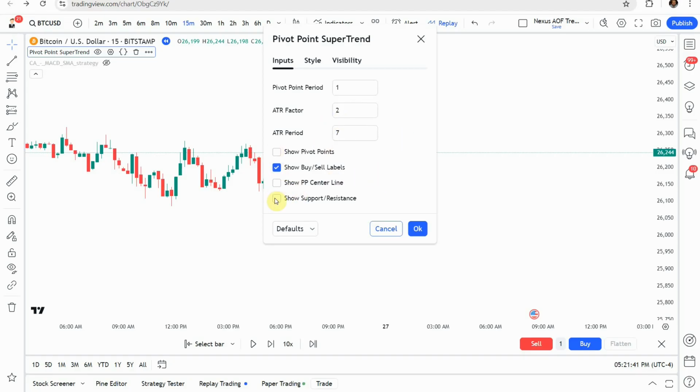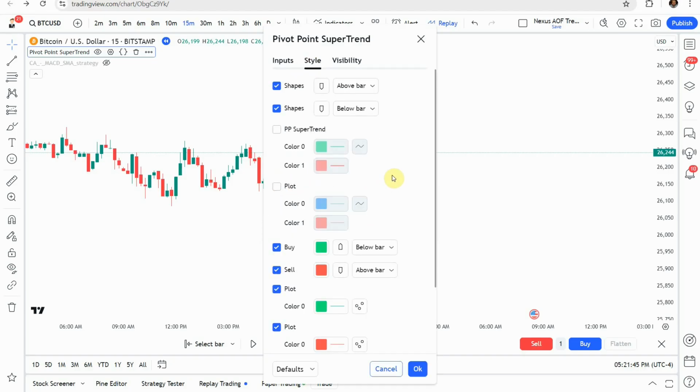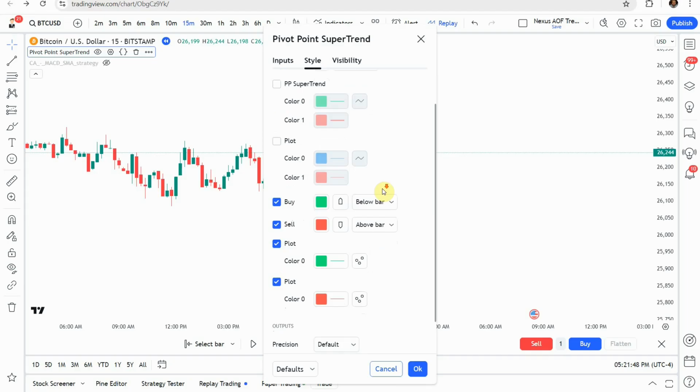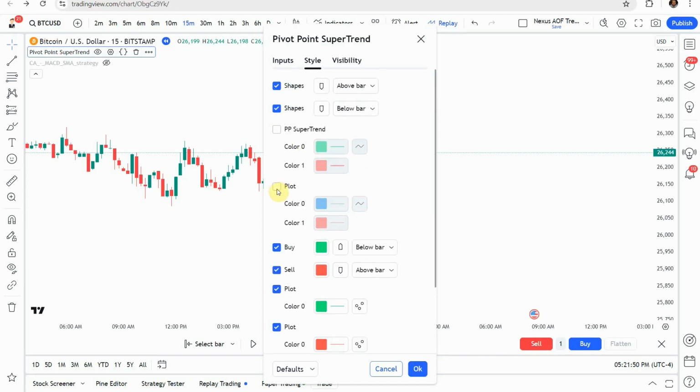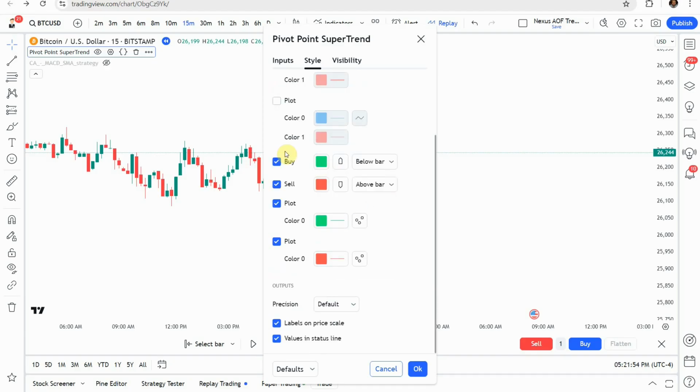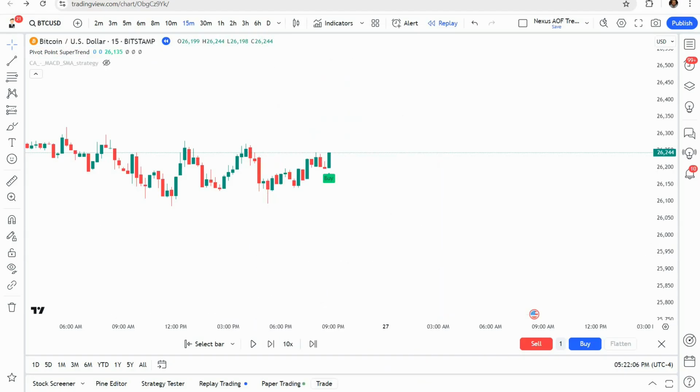Just double check that all these are unchecked except for this one right here. Jump into the styles and make sure that these two are also unchecked here. And then the buy and sell selections here, you can put the buy below bar and the sell above bar, and then click OK.